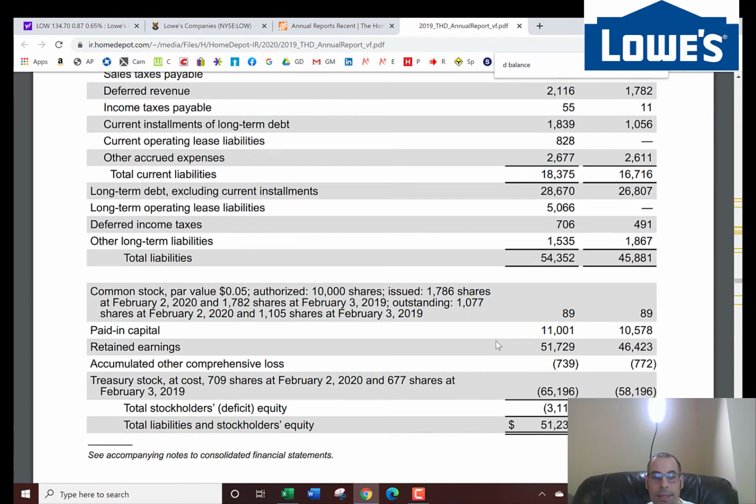But the main reason Home Depot has negative equity is because they were so aggressive with buying back their stock. Home Depot went out into the market and purchased stock just like we purchase stock, at whatever price they're trading at, and put it onto their balance sheet as treasury stock. So what happens when you buy stock?